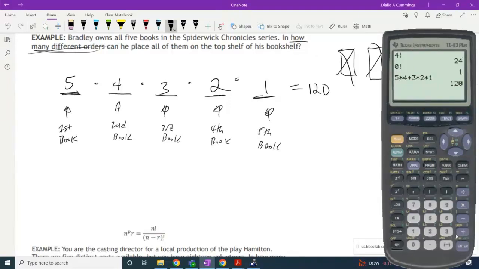Or if you recognize that that's a factorial, you can just put in 5 factorial and still get 120, with fewer numbers to punch into your calculator. As far as factorials are concerned, this is about as far as it goes with the factorials that we're going to calculate.